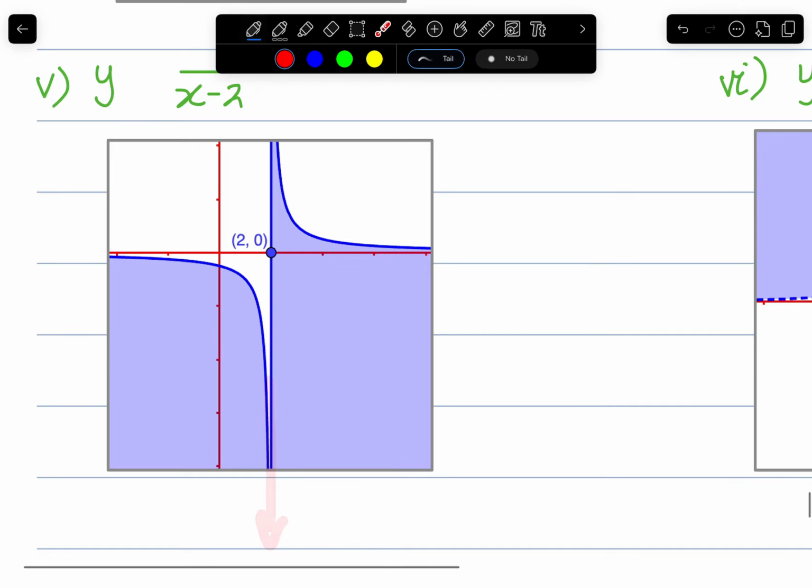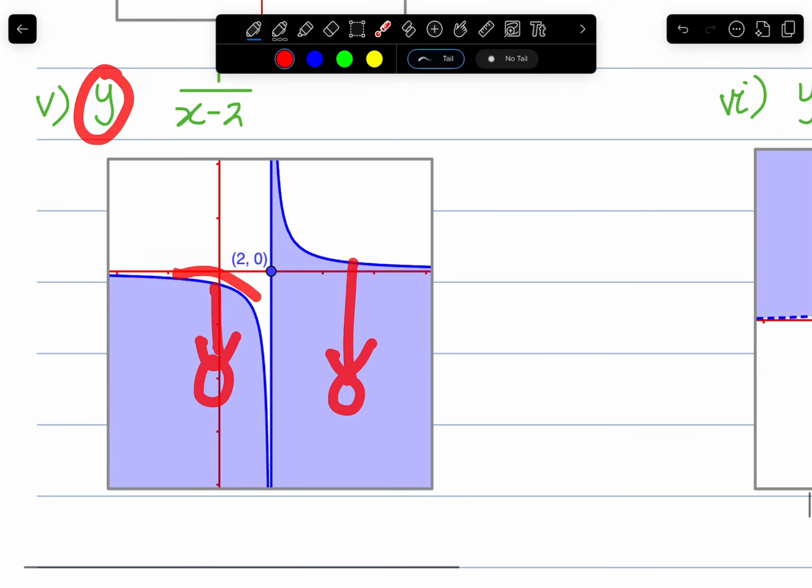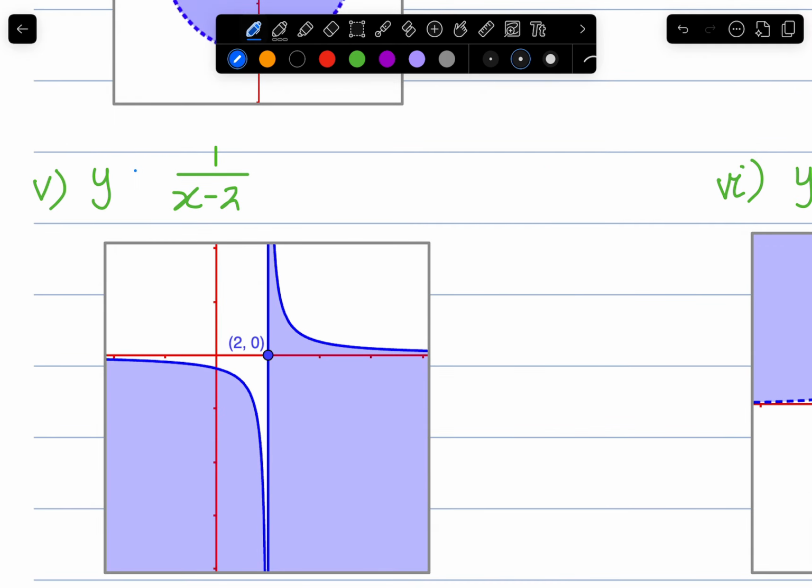If I pick a point, let's say this one, is this point below the shaded region? In which case it is, but the confusing bit is this one as well. I tested this point, it is indeed below the curve, but this point is also below the curve. So y in both points that I tested is less than or equal to this graph.